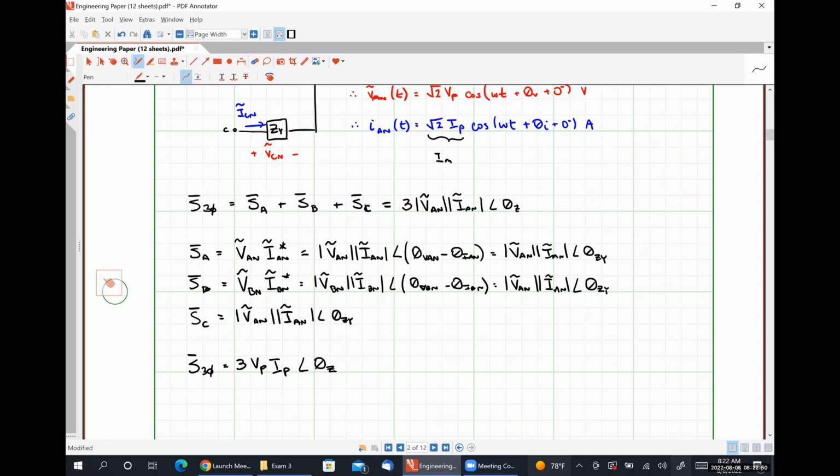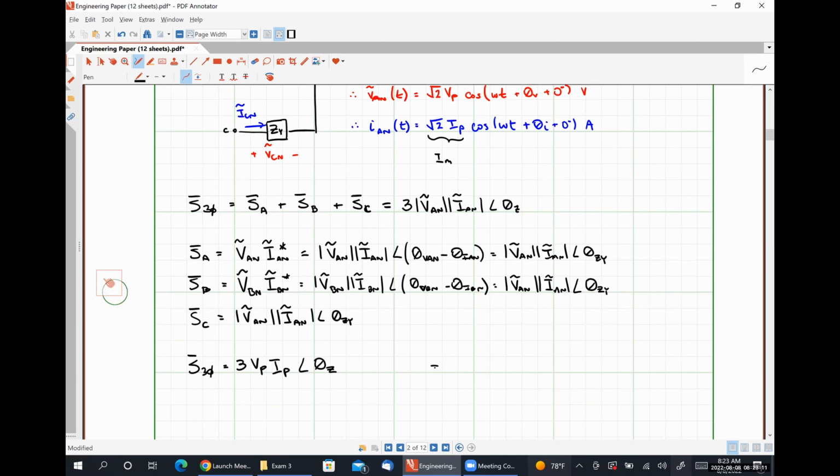So let's say that instead we had a delta connected load, right? So in a delta connected load, our phase voltages and our line voltages are literally the same thing, okay?